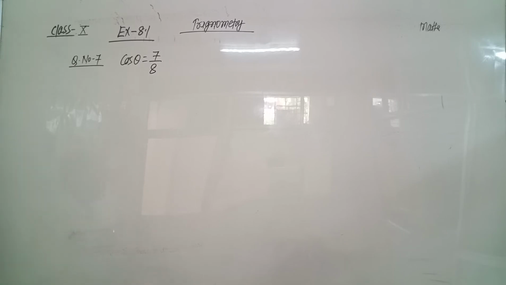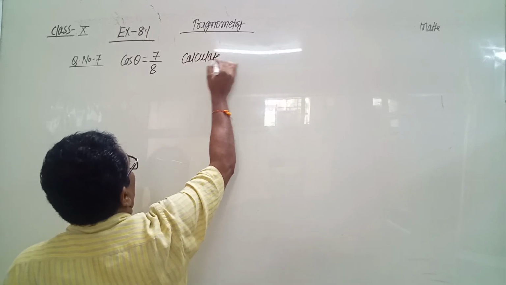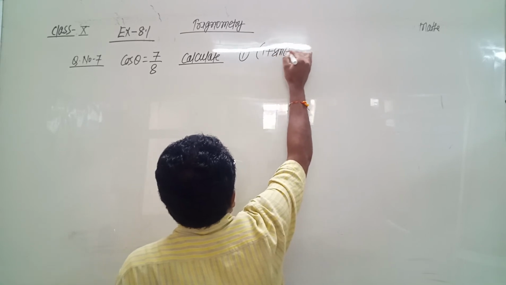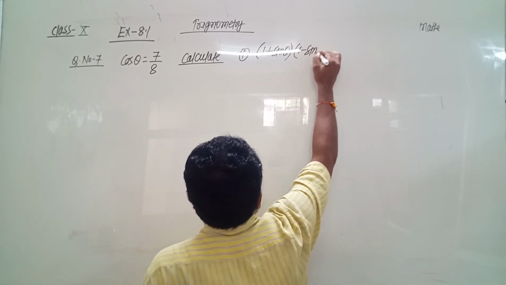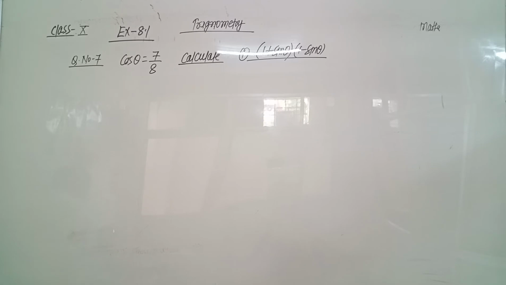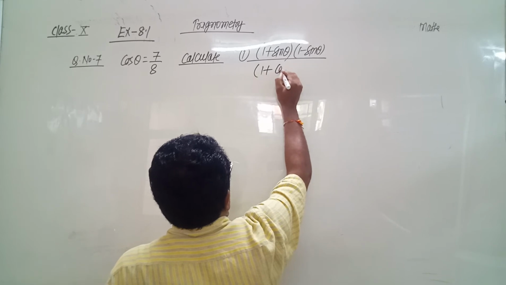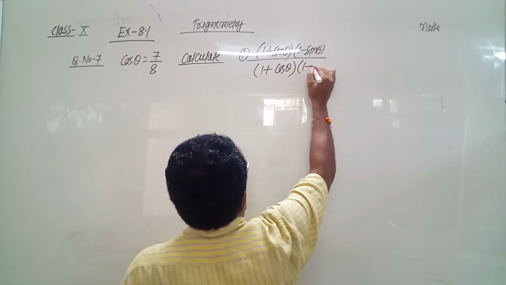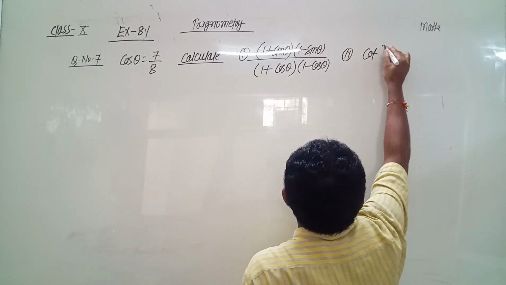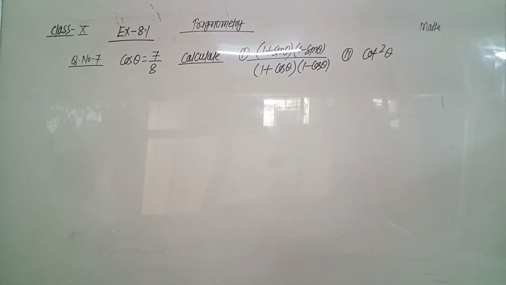Calculate, in the first part, (1 plus sin theta)(1 minus sin theta) upon (1 plus cos theta)(1 minus cos theta). Then in the second part we have to calculate the value of cot square theta.